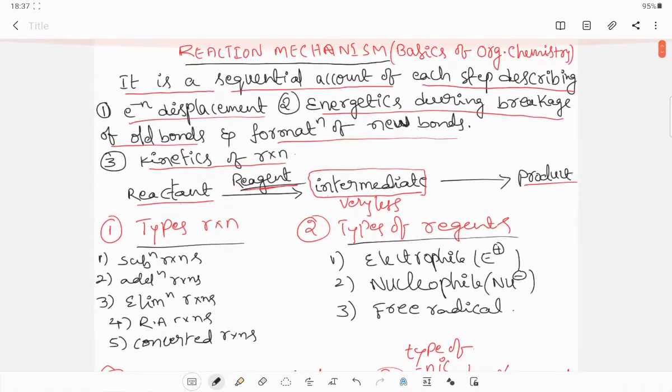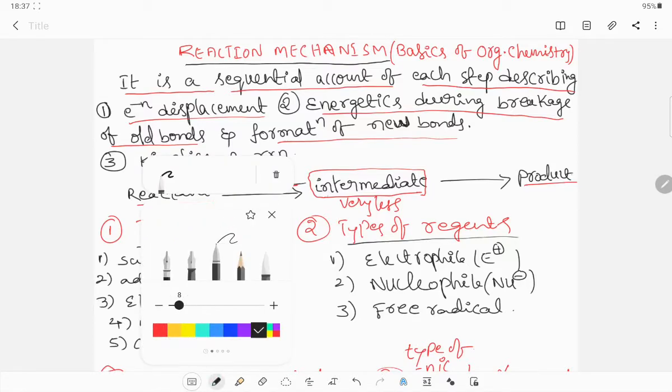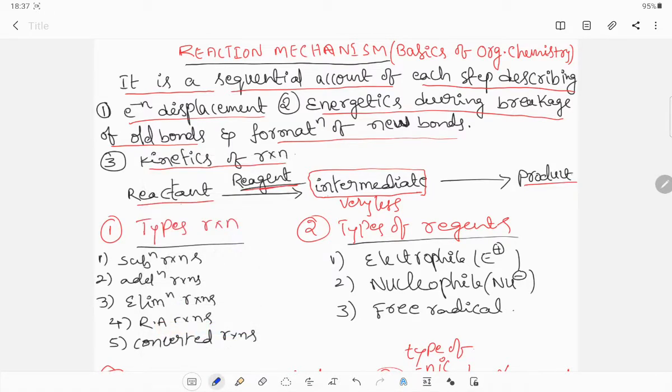See here, once again I am repeating. Our topic is reaction mechanism. The definition of reaction mechanism is a sequential account of each and every step describing electronic displacement and energetics during breakage of old bonds and formation of new bonds, and kinetics of the reaction.